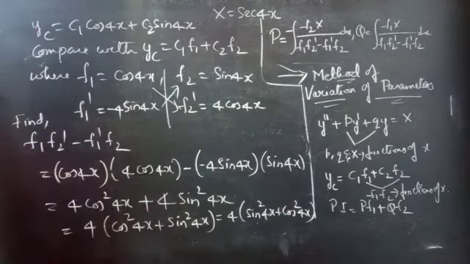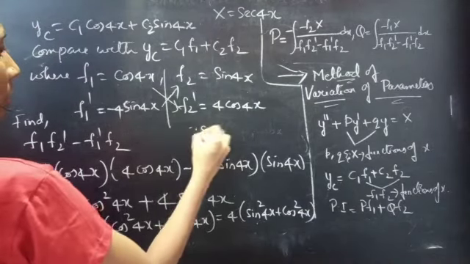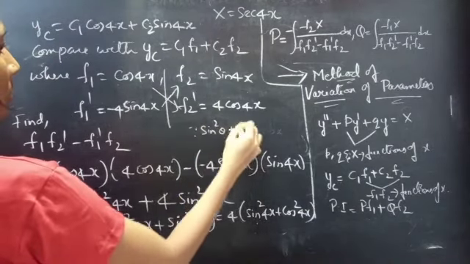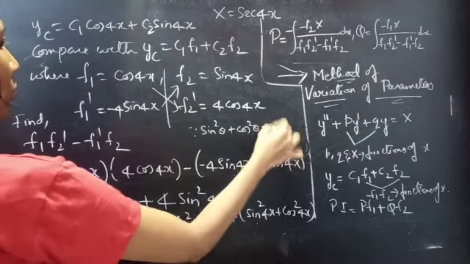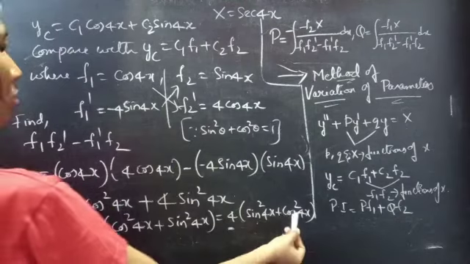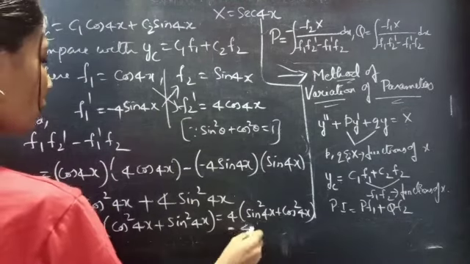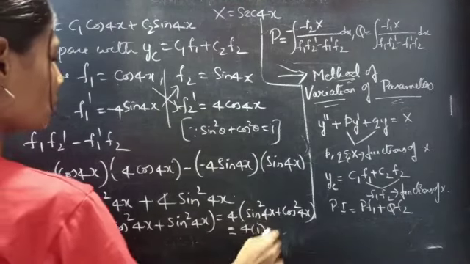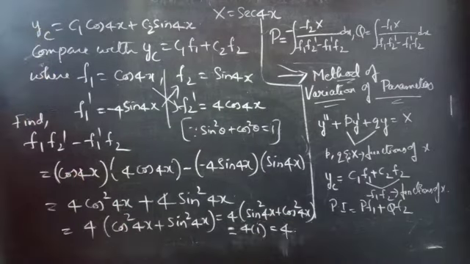We know that sin square theta plus cos square theta equals 1. Since sin square theta plus cos square theta equals 1, the value of sin square 4x plus cos square 4x is 1. You'll get 4 into 1 equals 4, right?